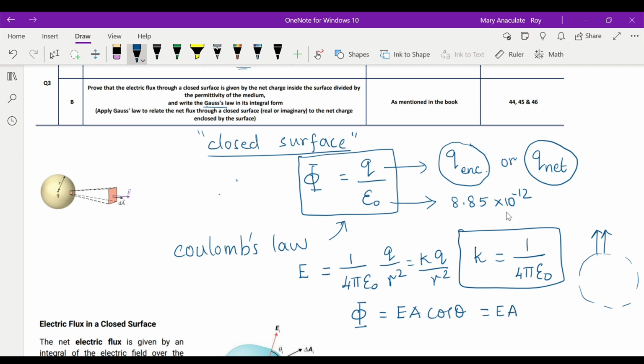So the closed surface integral, if you integrate over the entire area, the electric flux should be equal to the Coulomb's law equation, which is 1 by 4 pi epsilon naught times Q over R square.